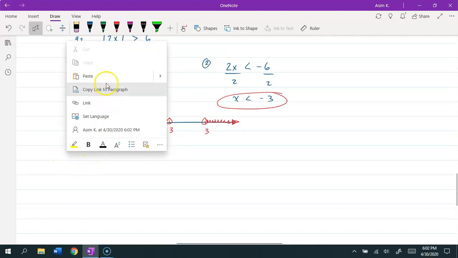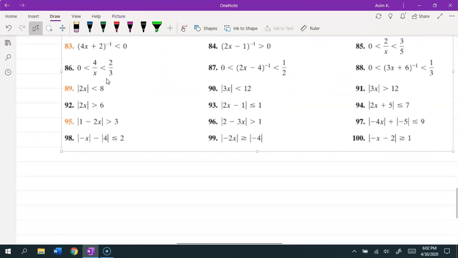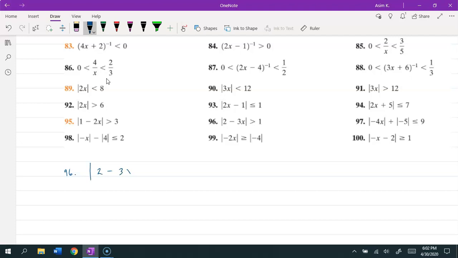All right, let's try a handful more, but we are wrapping up with this particular set, and then we have a few word problems, but that's pretty much going to be wrapping up the year for us. So number 96 says that the absolute value of 2 minus 3x is greater than 1.